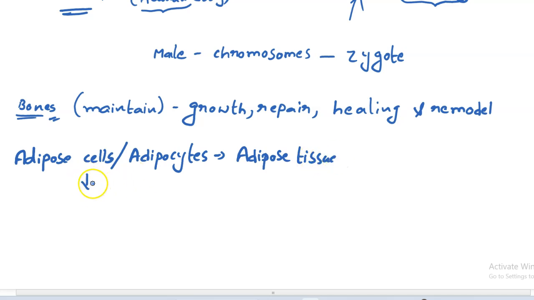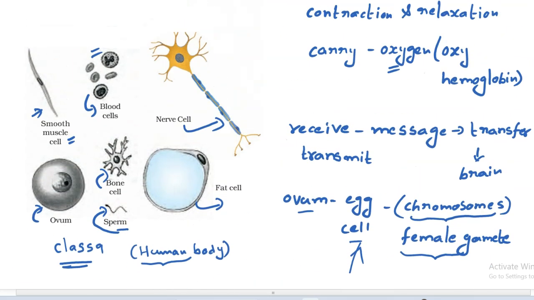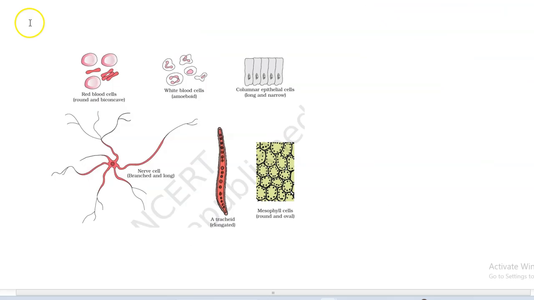Adipocytes are used in energy storage and metabolism. Energy storage and metabolism is the function mediated by adipose cells. These are the examples that are considered in class 9.